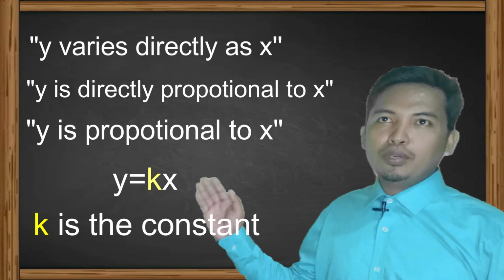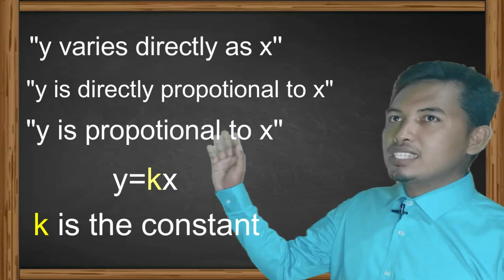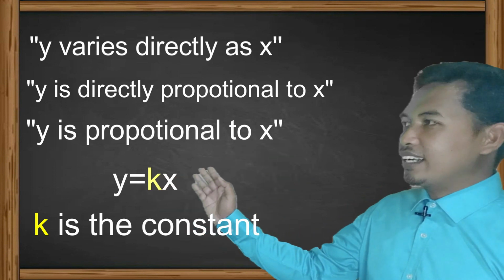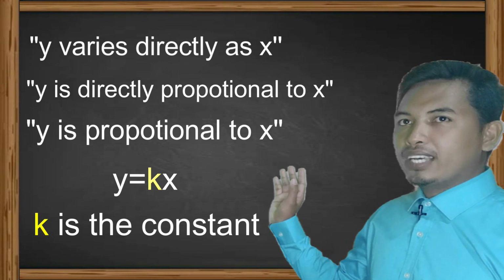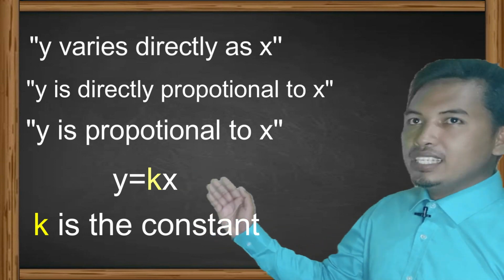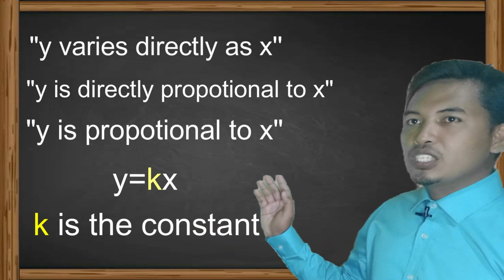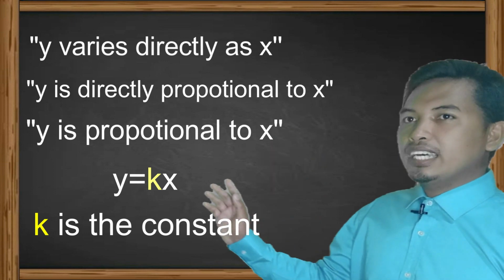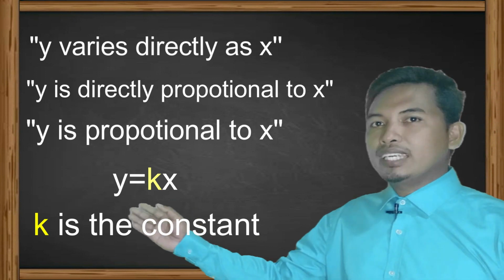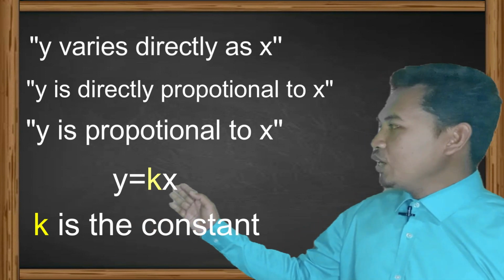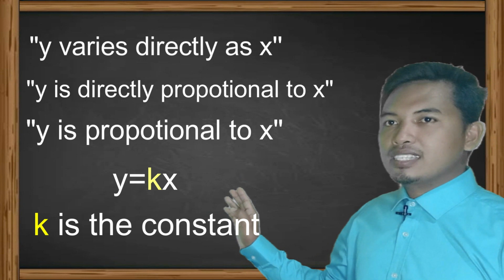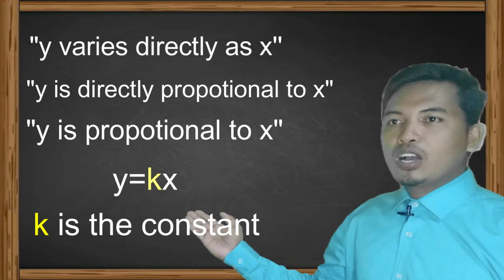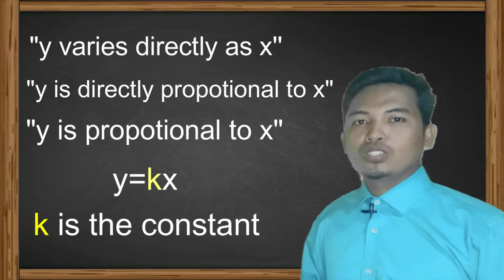So lahat ng mga sinabi ko na yon, yung y varies directly as x, y is directly proportional to x, and y is proportional to x, silang lahat, pwede natin siyang i-translate mathematically as y equals kx, na kung saan yung k na to tinatawag natin na constant of variation.